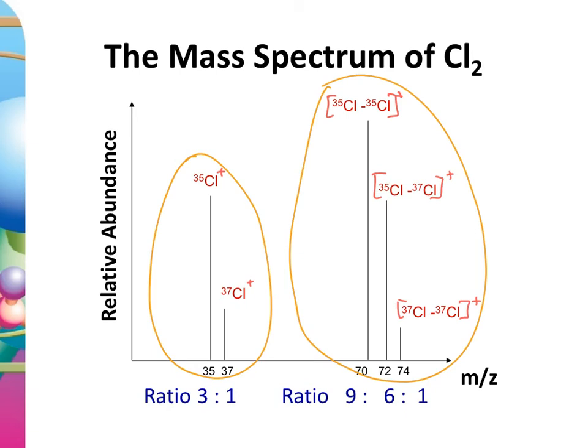We can understand that we have 75% abundance of that and 25% abundance of that, and that would give us a ratio of 3 to 1. When we look at the second set, the one on the right, this is when it's the diatomic molecule, we now have this ratio of 9 to 6 to 1. And so we need to appreciate and understand why it is those ratios.